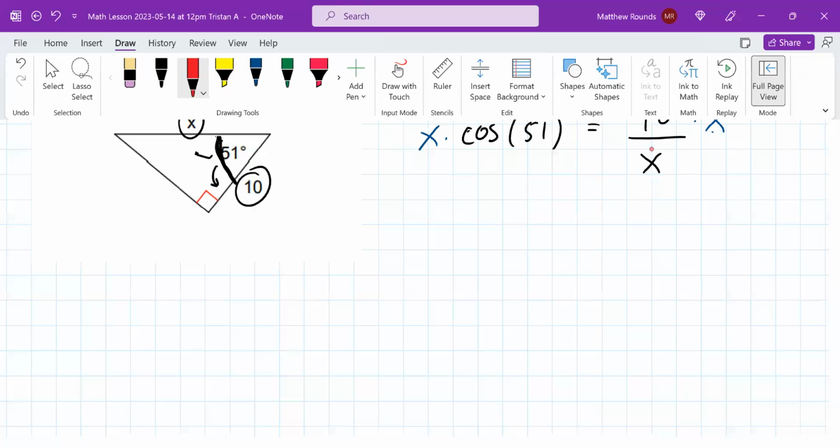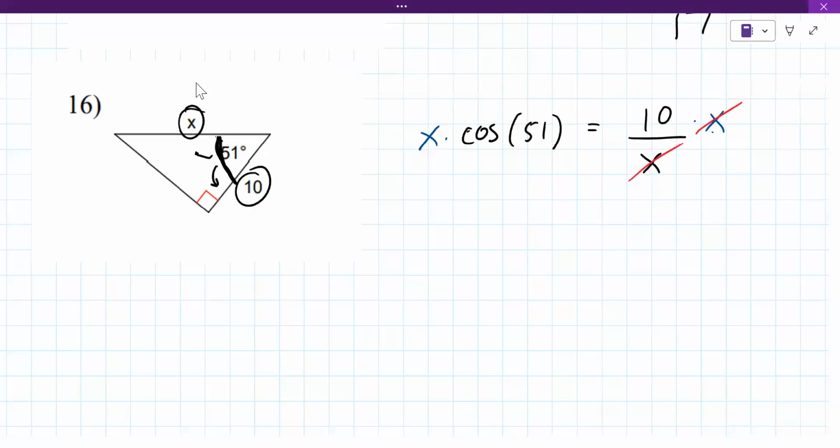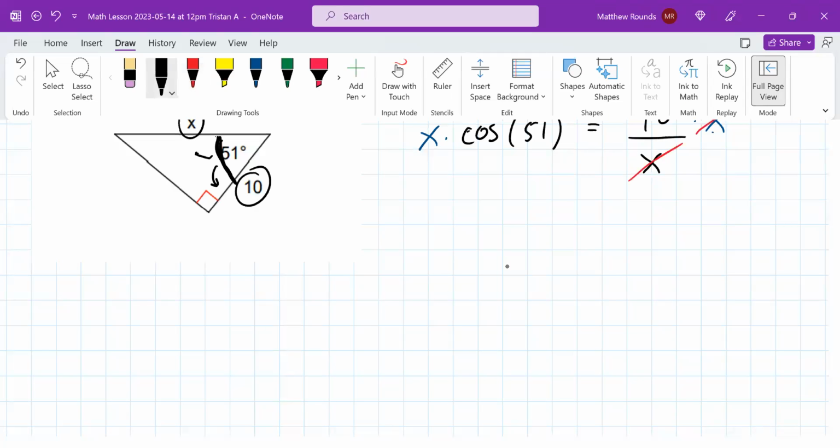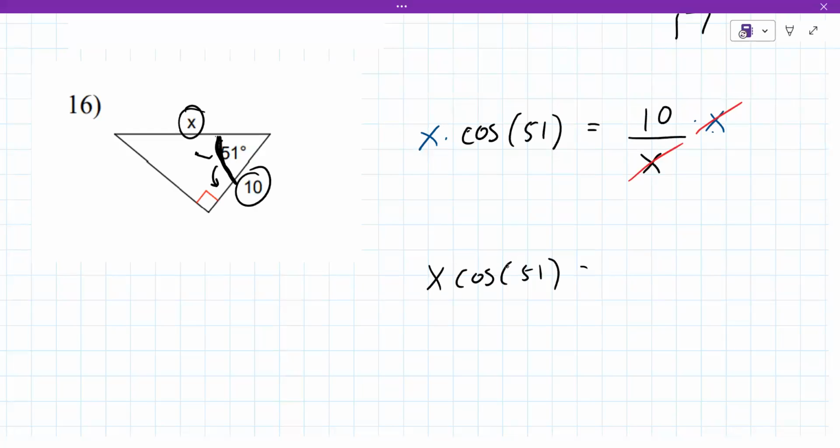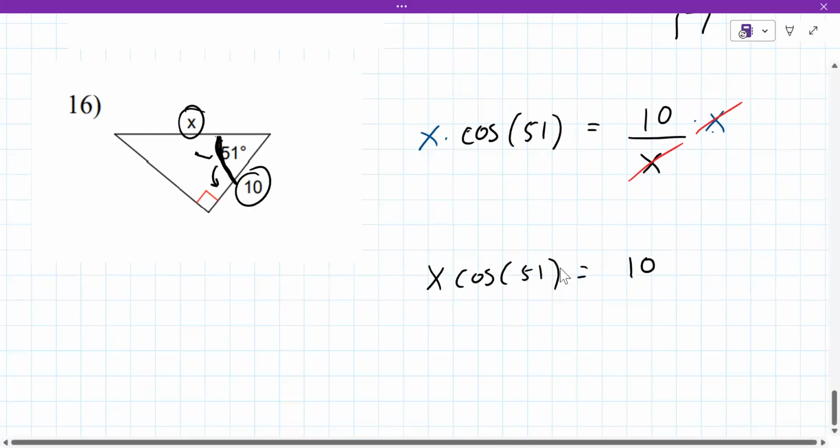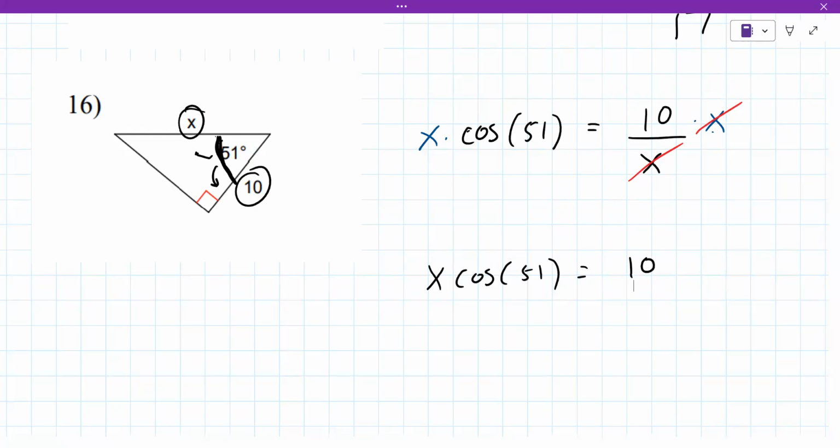On the right side, they cancel. So good to rewrite it here. X cosine 51 equals 10. How do you get to X? How do you undo this cosine 51? You divide by it. You divide by cosine 51.